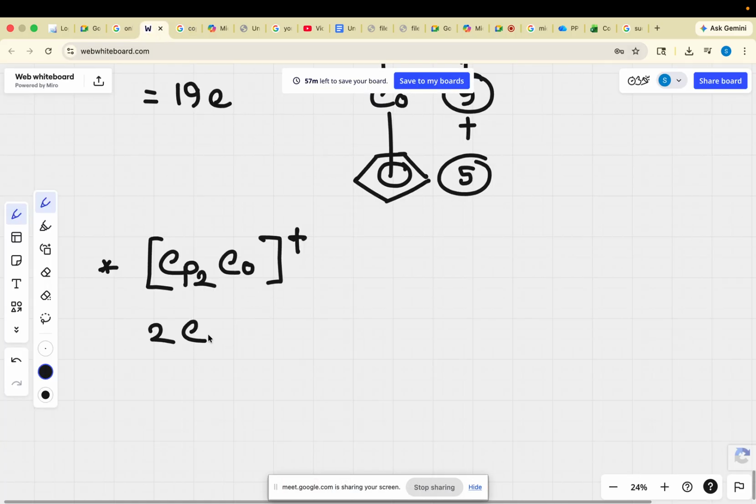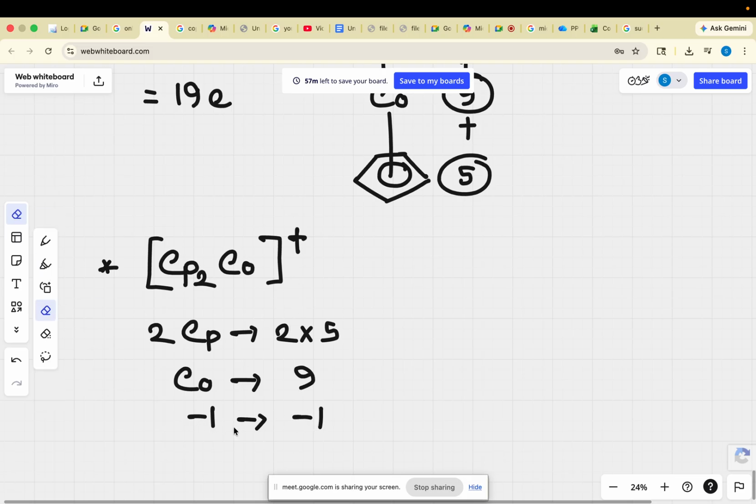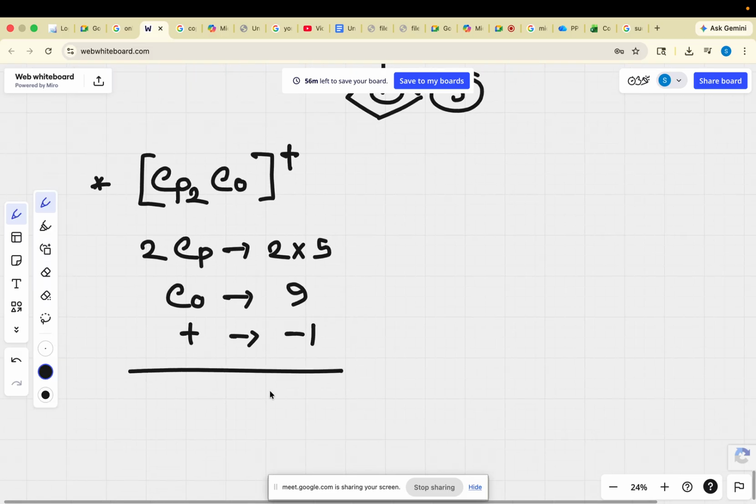From 2 cyclopentadienyl we get 2 into 5, 10 electrons. From cobalt I will get 9 electrons, and from this positive charge I will get minus 1. Positive charge means 1 electron is left, so minus 1. Overall we are getting 18 electrons.